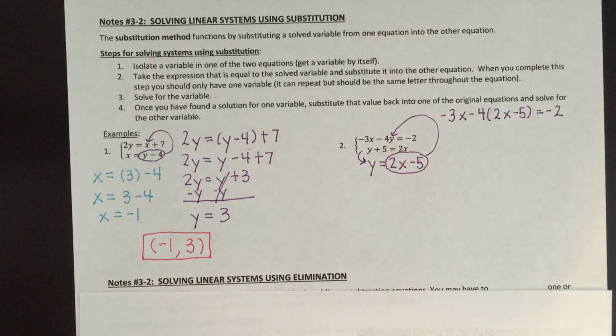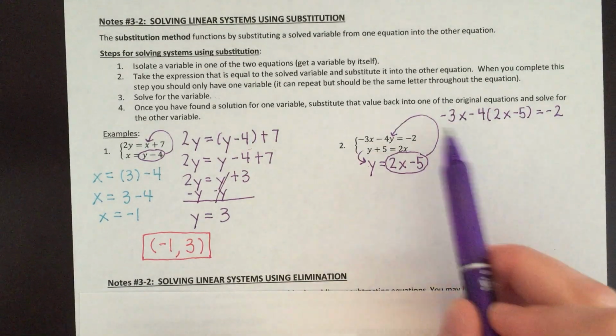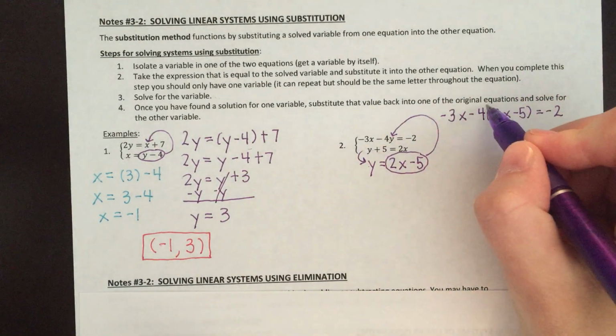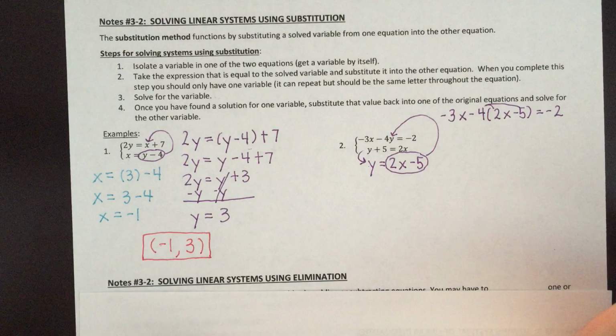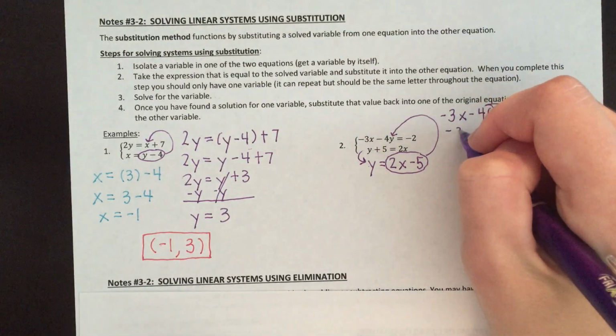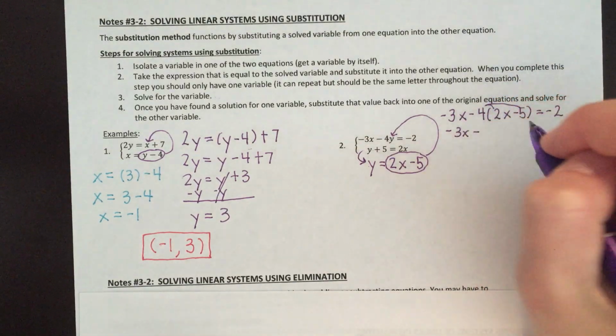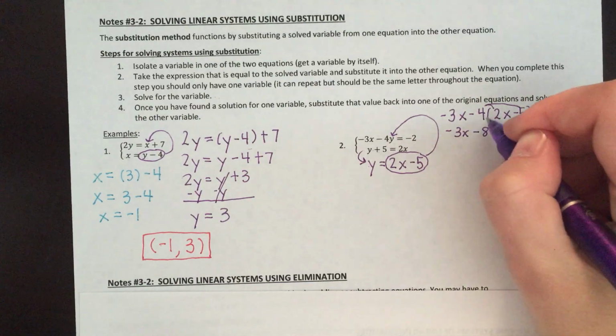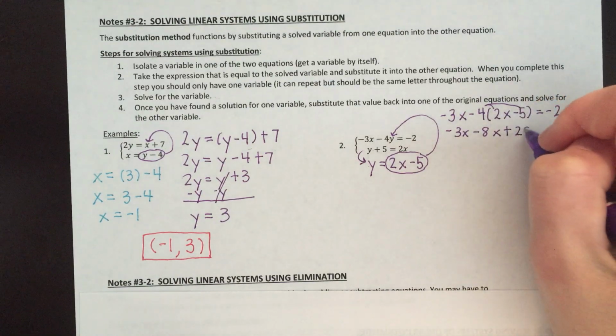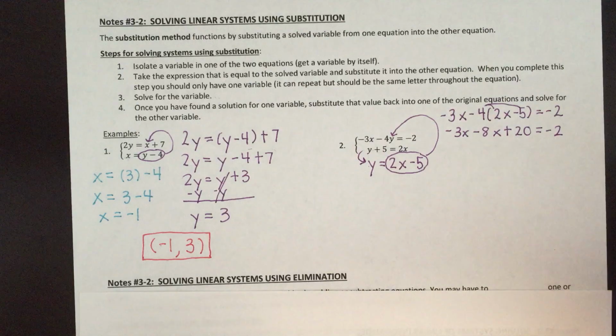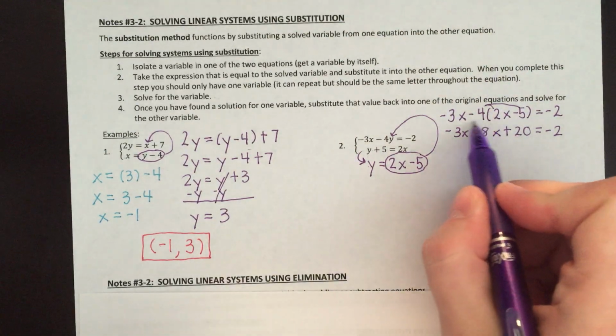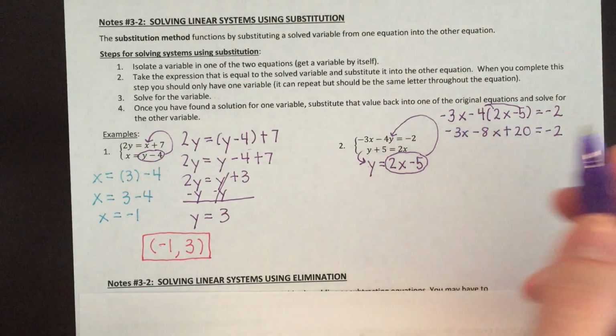Now from here, PEMDAS, right? You have a lot of cleaning up to do on the left. So before I can start combining like terms, I need to distribute in. So I've got negative 3x minus 8x, that's going to turn to a positive 20, equals negative 2. Now I've got these two x terms here. I can combine those.